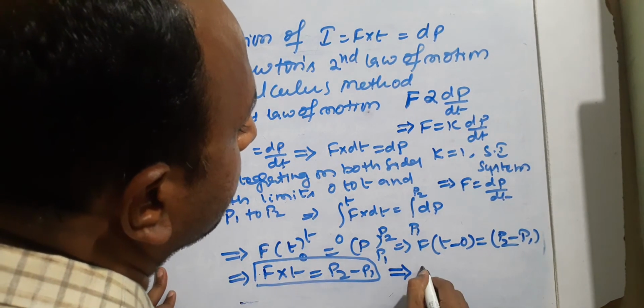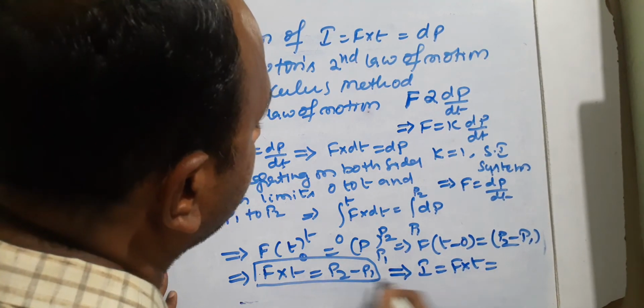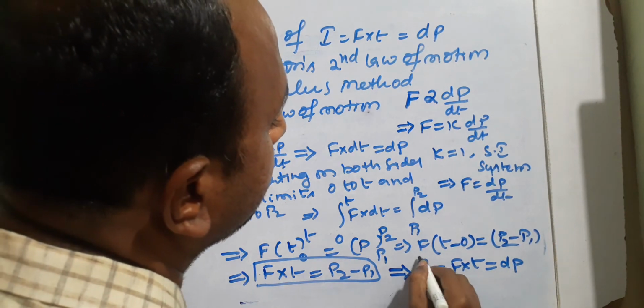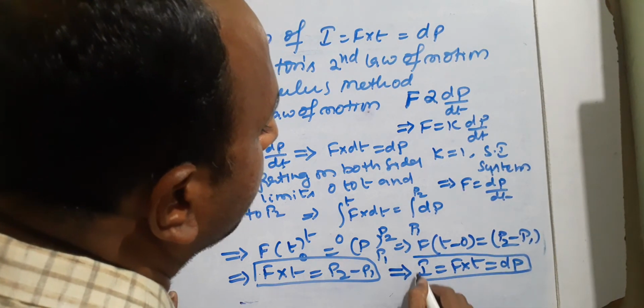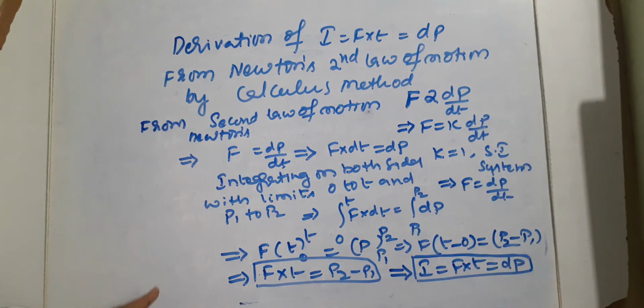So that is why it can be written as I is equal to F into t is equal to P2 minus P1, meaning the change in the linear momentum, which can be written as dp. So by the calculus method using Newton's second law of motion, we can also derive the formula for impulse, students. That's all about the impulse formula and impulse units. Thank you.